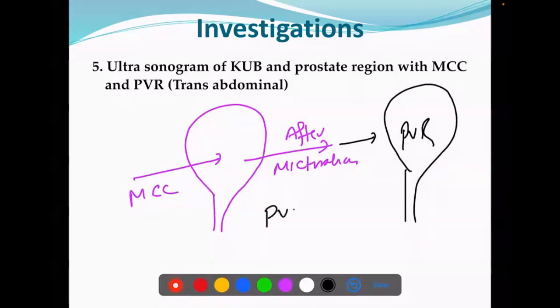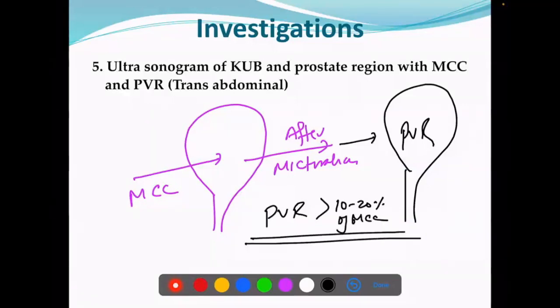If the PVR is more than 10 to 20% of MCC, for example, suppose the maximum capacity of bladder at that time was around 350 ml. That means if the PVR is more than 20%, means 70 ml, then we say significant.